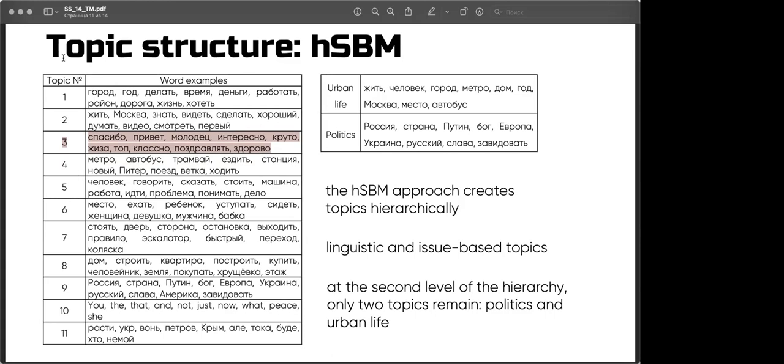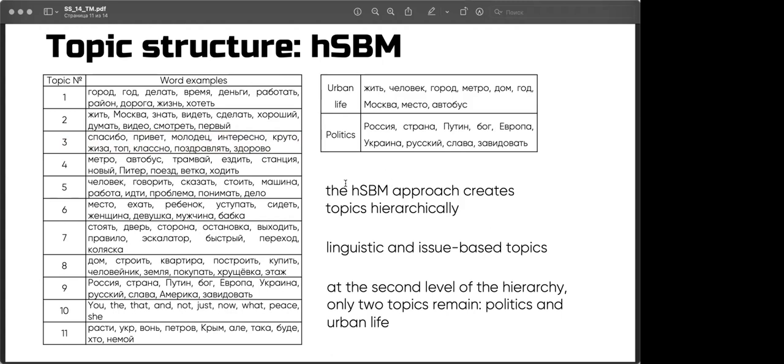And this is level 1, but again, thinking about the philosophy, the baseline methodology for HSBM, we have a hierarchy here. So those topics can be aggregated into larger groups. On level 2 of the hierarchy, we only have 2 topics.